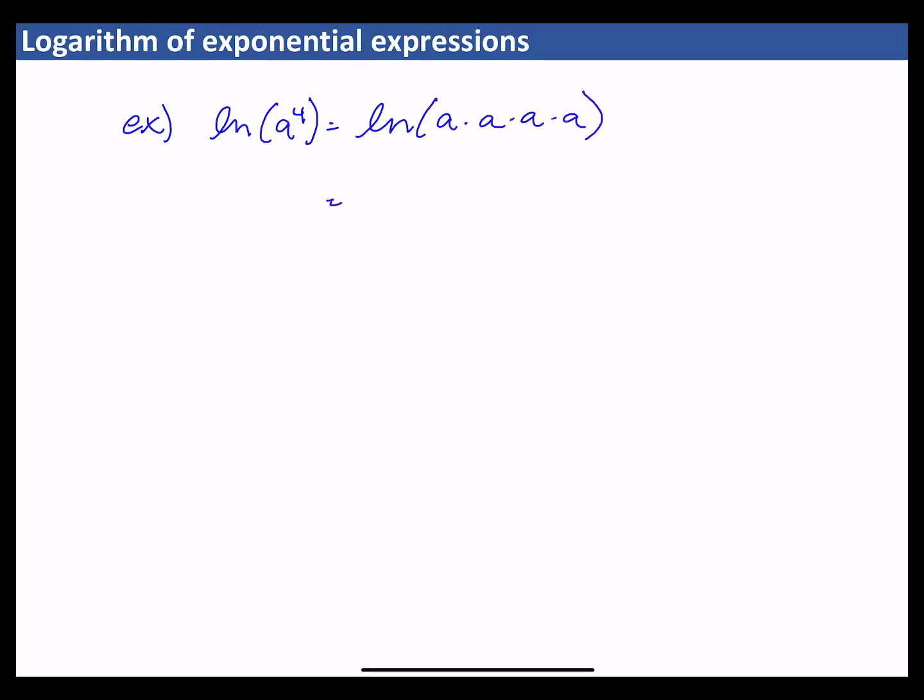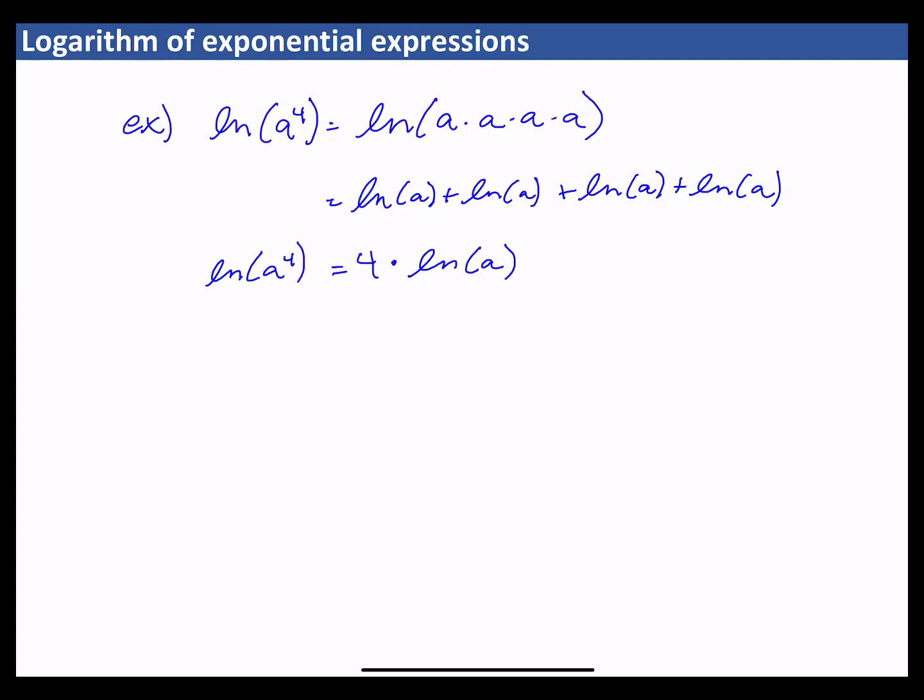And by repeated application of the rule for the natural logarithm of a product, we see that the natural log of a to the fourth equals the natural log of a plus the natural log of a plus the natural log of a plus the natural log of a, which equals 4 natural log of a. A similar, more sophisticated argument works to show that for every real number t, the natural log of a raised to the t power equals t times the natural log of a.